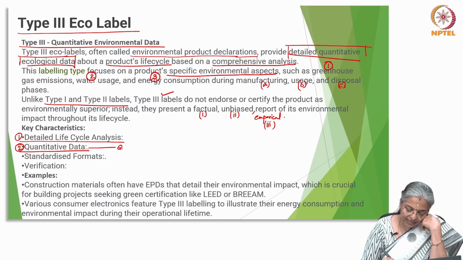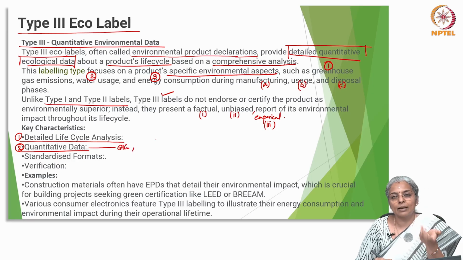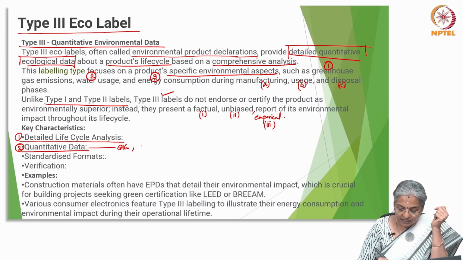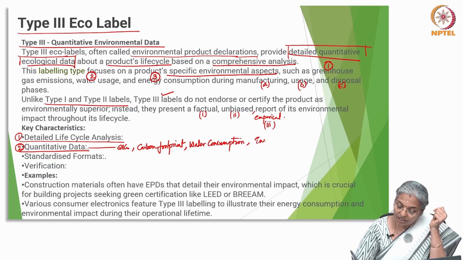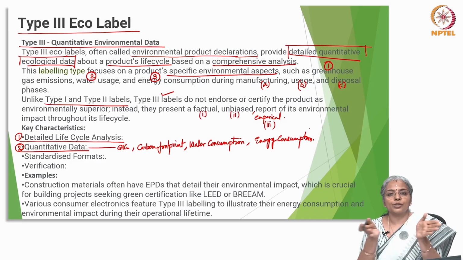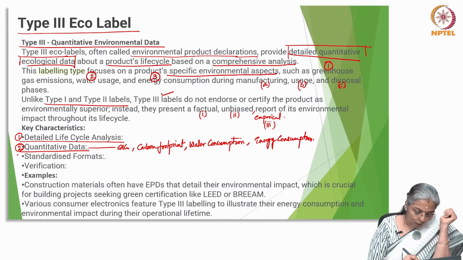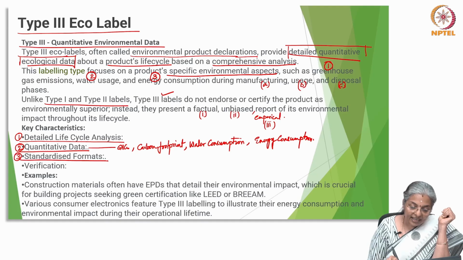How much is the GHG emission, greenhouse gas emission of that product, or what is its carbon footprint, or what is its water consumption in various stages, how much is the energy consumption, and so on. And then it also comes in a very standardized format.